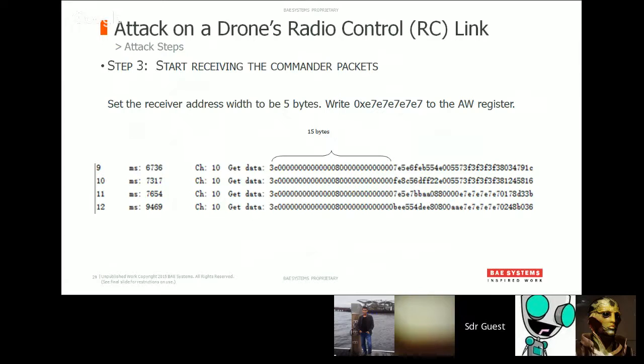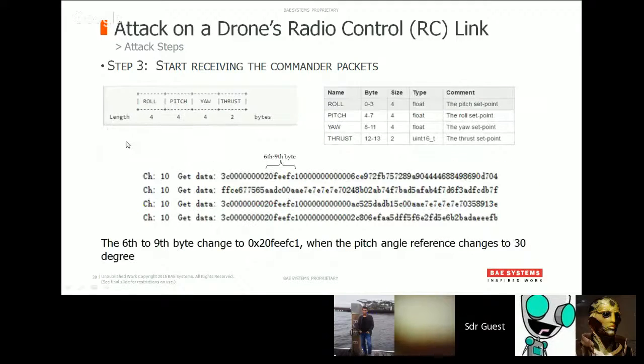And so to decode those payload, we need to look at the documents of Crazyflie, the Crazyflie Zone. In that document, it tells us the commander package contains the reference signals for roll, pitch, yaw, and thrust.